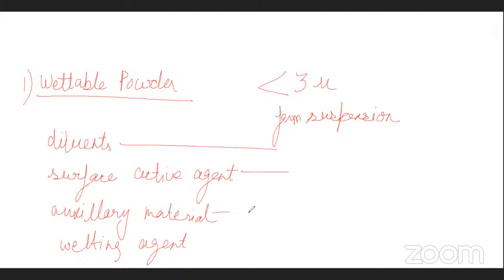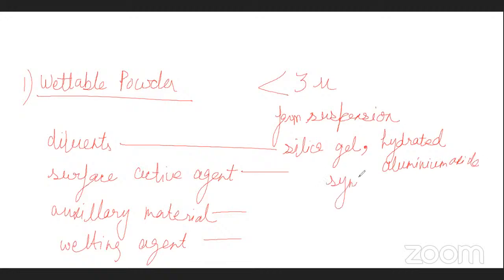And the examples of all these are, the diluents are usually having low bulk density and high absorptive capacity, but the characteristics of diluent you don't have to focus on. But the diluent examples are silica gel, hydrated aluminum oxide, and synthetic calcium silicate.